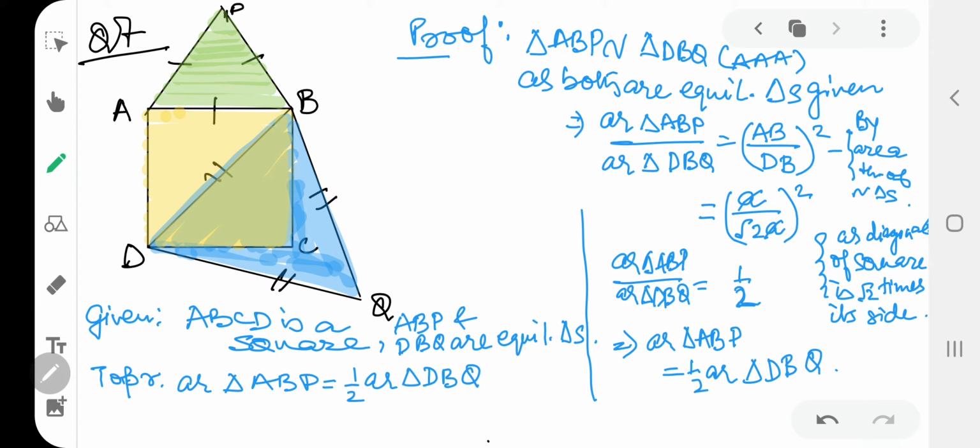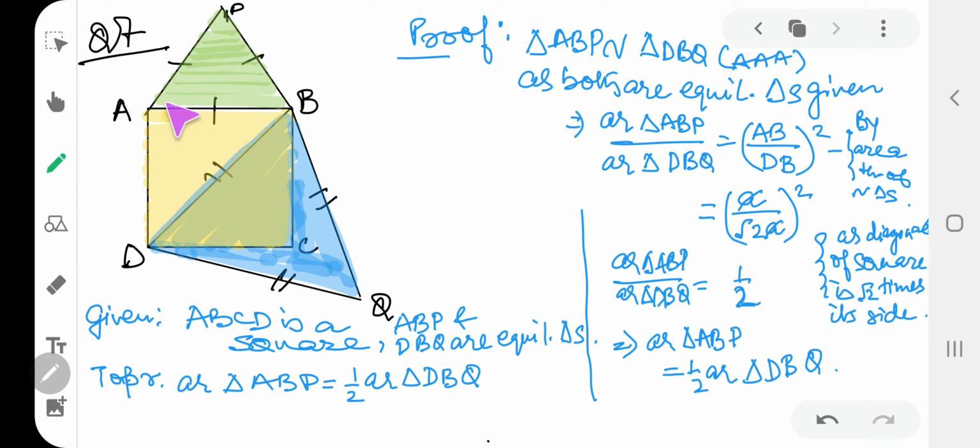Let's do question number 7. In this question, you are given a square ABCD and one equilateral triangle is drawn on one of its sides. That means in this triangle ABP, all the sides are equal.